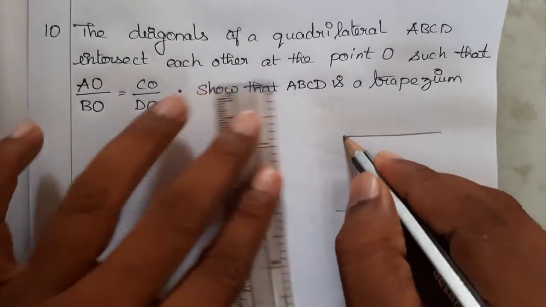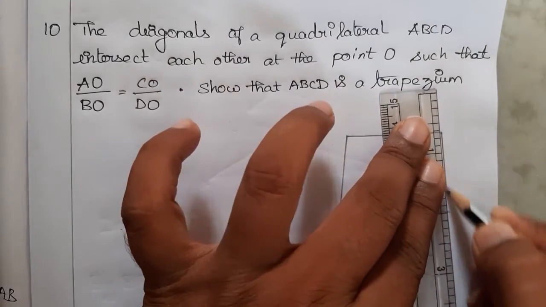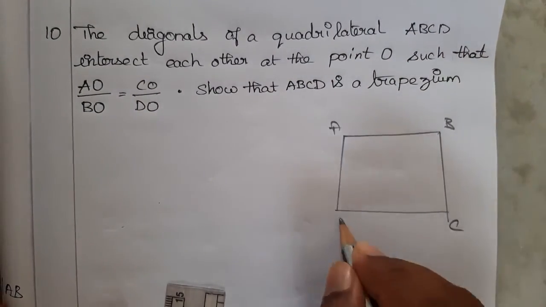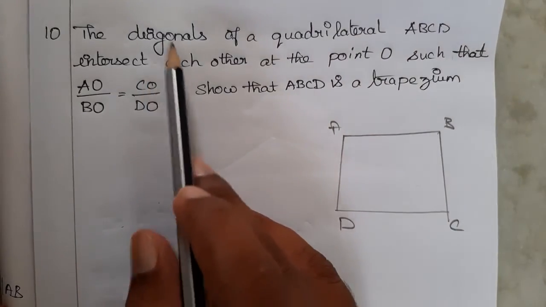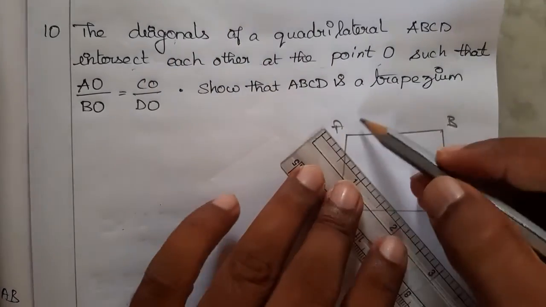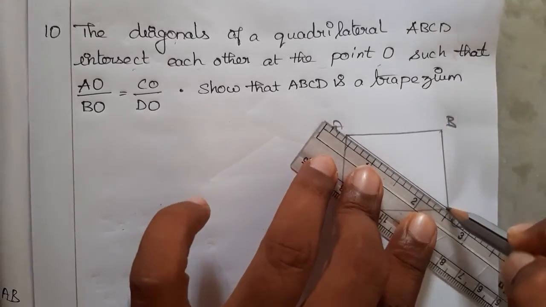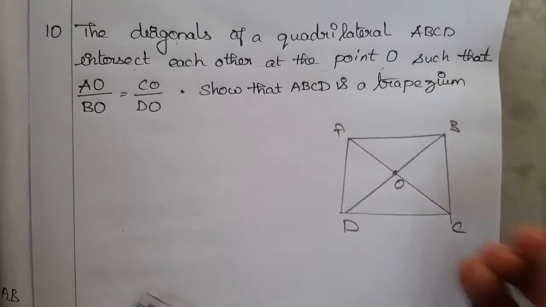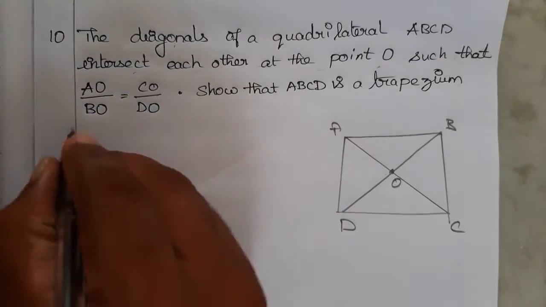So let me draw a four-sided figure and name it A, B, C, D, and the diagonals are intersecting each other at point O, right? So what is given?